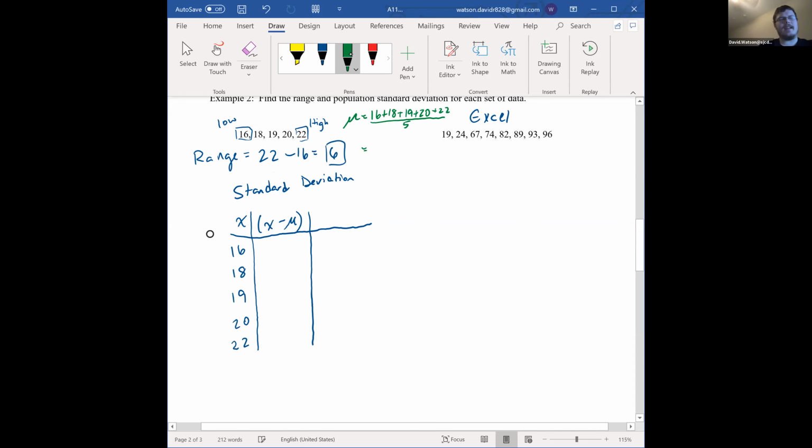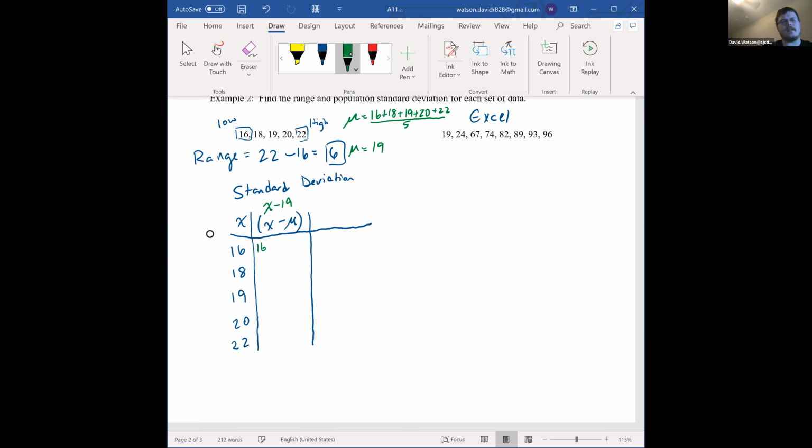So if you just put that in your calculator, you should get that the mean is 19. So when I say x minus mu here, I really mean x minus 19.